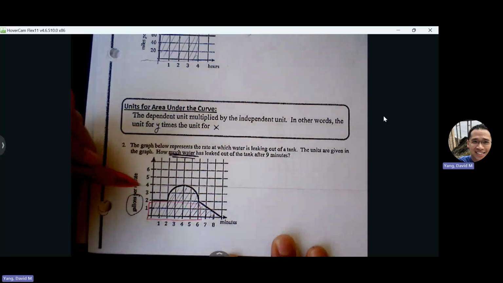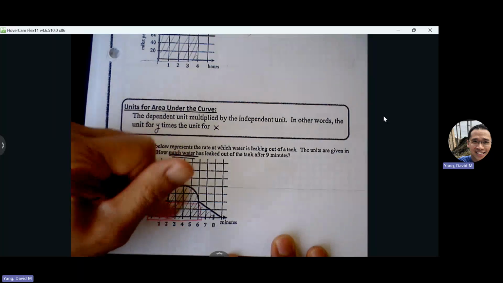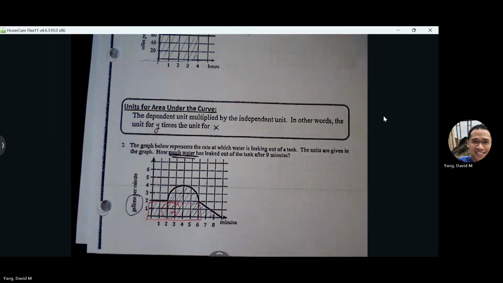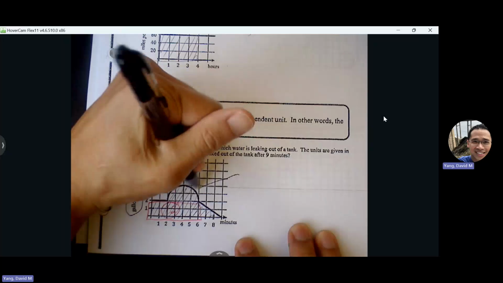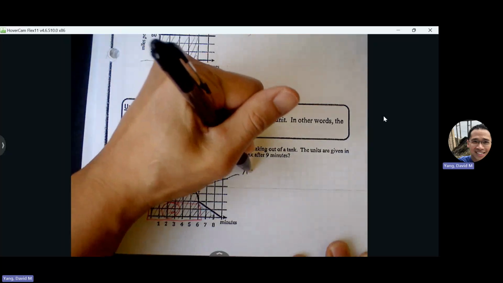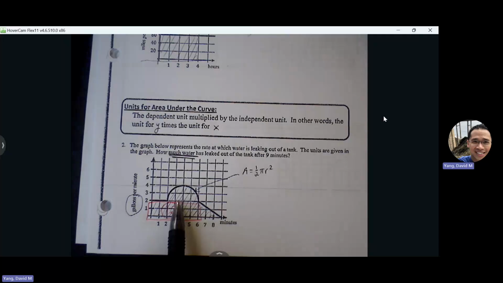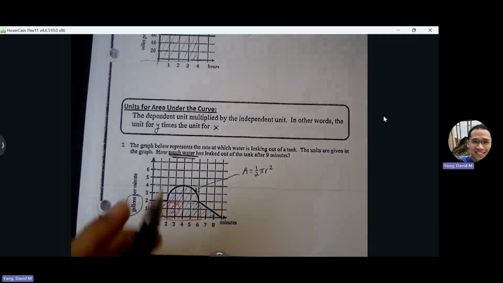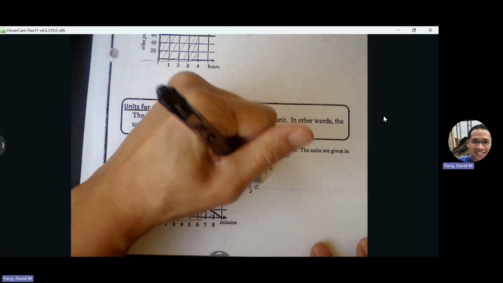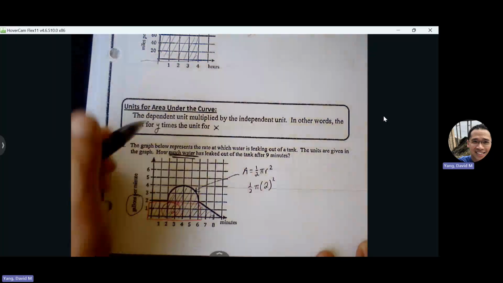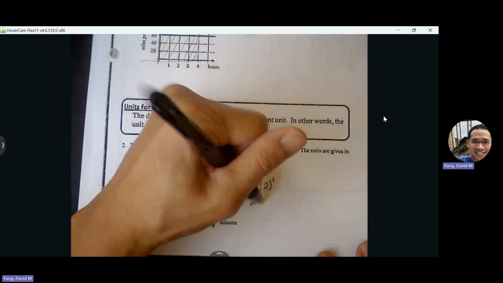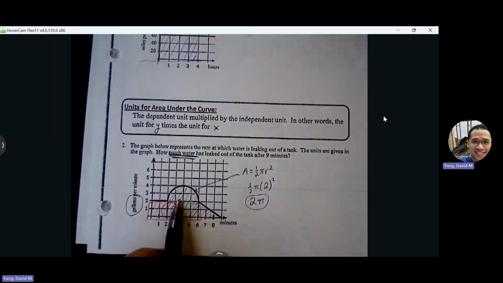So that's going to be 6 times 2, which is 12. I see a semicircle here. Semicircle, my area is 1/2 pi r squared. What's the radius of the semicircle? 2. So 1/2 pi 2 squared. 4 over 2 is 2, so 2 pi is my semicircle.